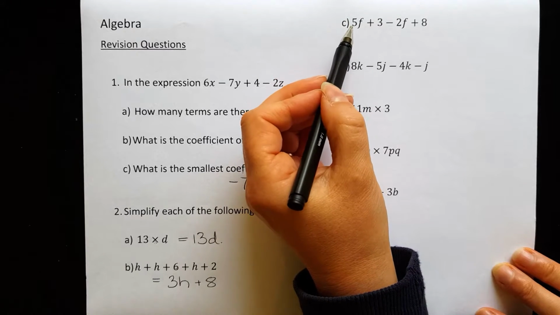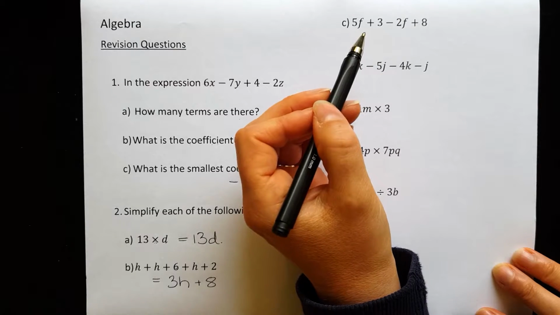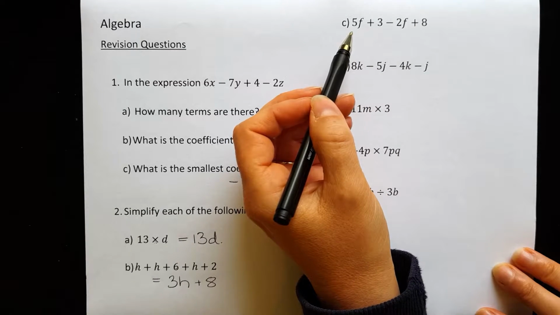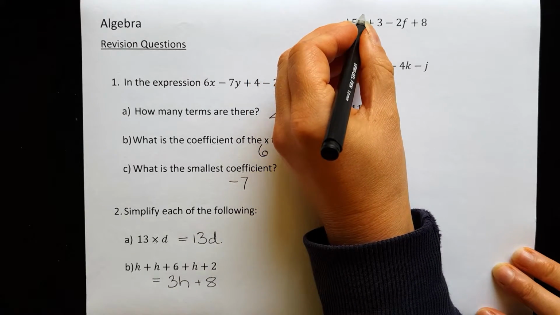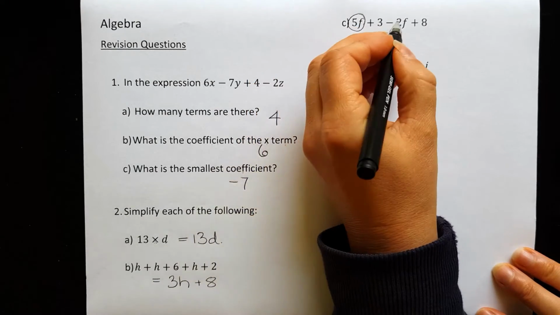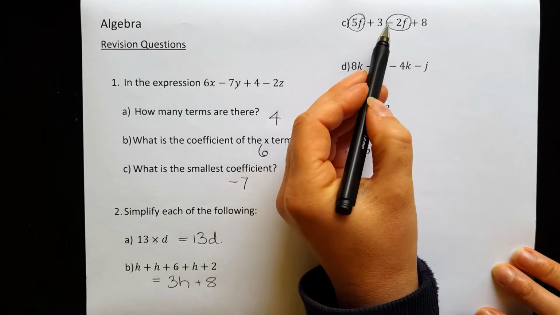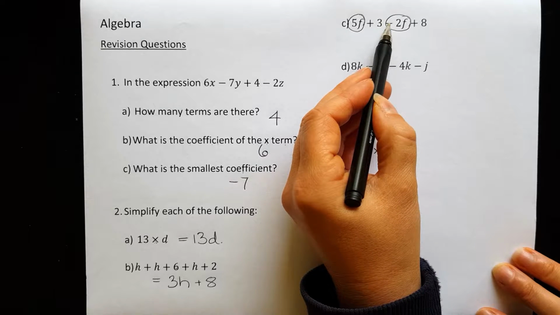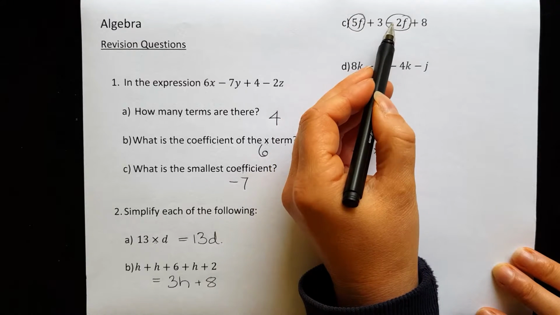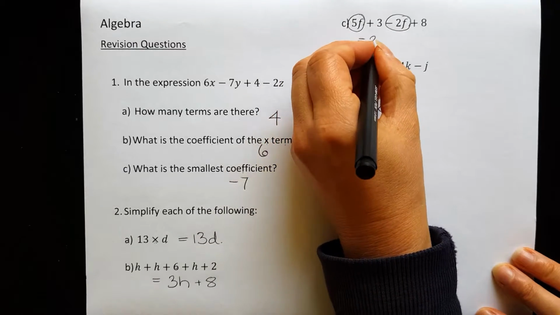Part C, 5f plus 3 minus 2f plus 8. Again, we need to look for like terms when we're adding and subtracting. So 5f is a like term with minus 2f. So we have to take that sign in front of that 2 there, so that we need to do 5f minus 2f. 5 minus 2 is 3f.